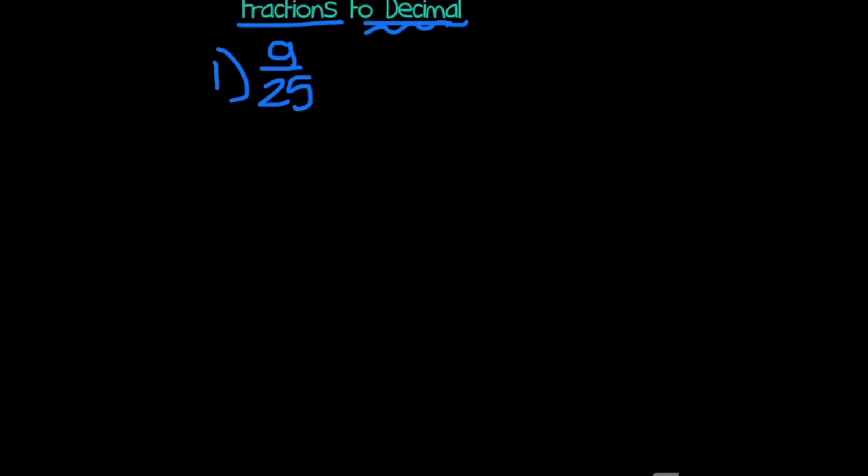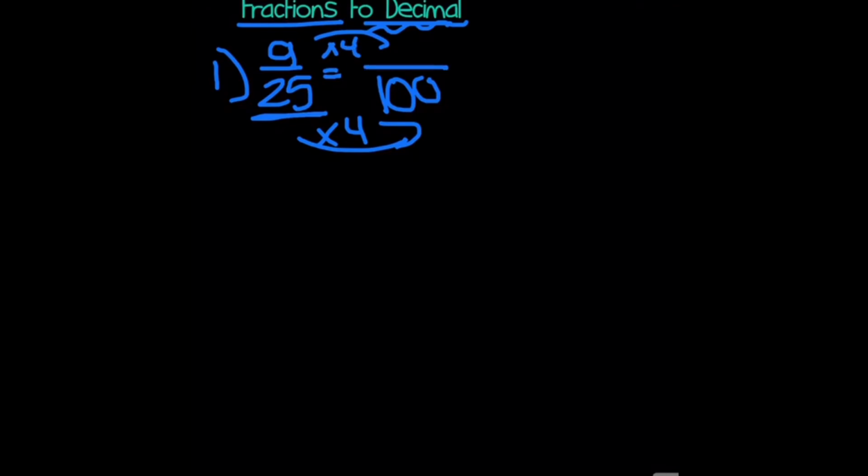So what our first step is going to be is you have to make it into a decimal. There's actually 2 ways you can do this. Your first method is very simple, and this is to make the denominator into 100, right? Same thing. Whatever number I go times here, so I times this by 4, I have to do the same thing to the top, times by 4, and I get 36.